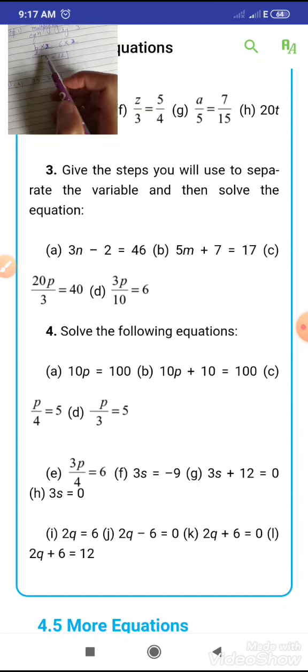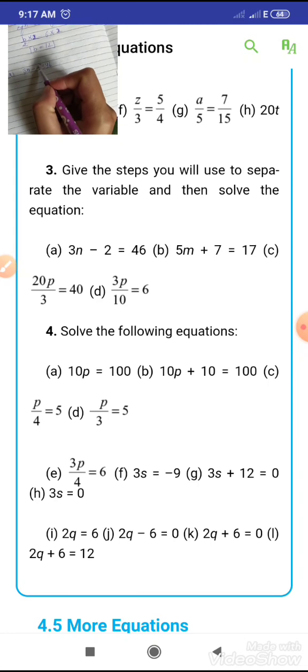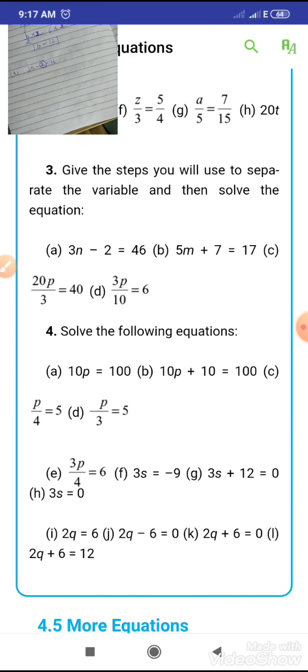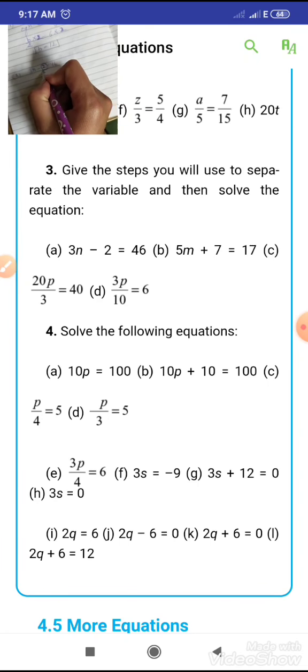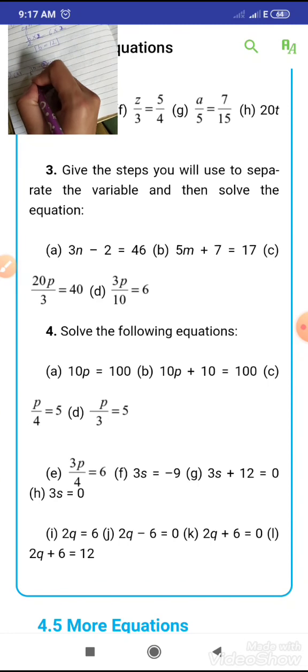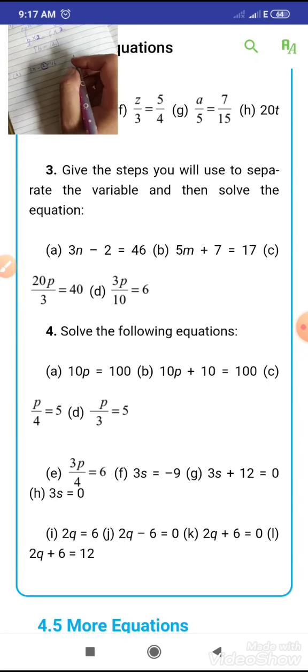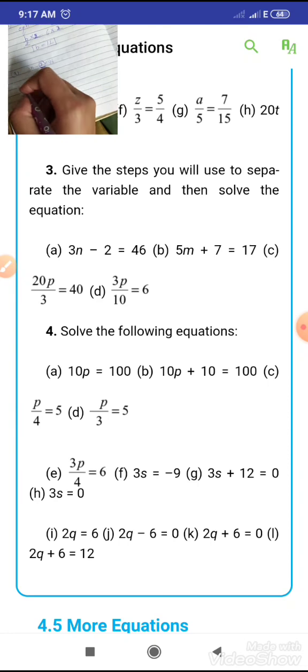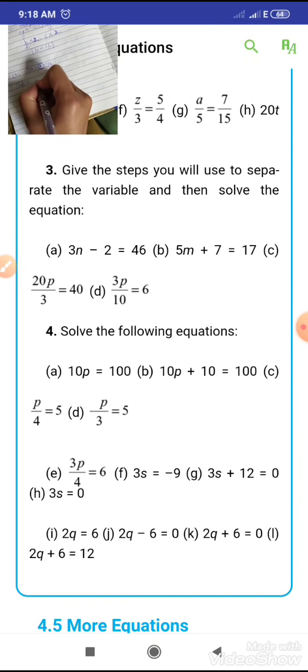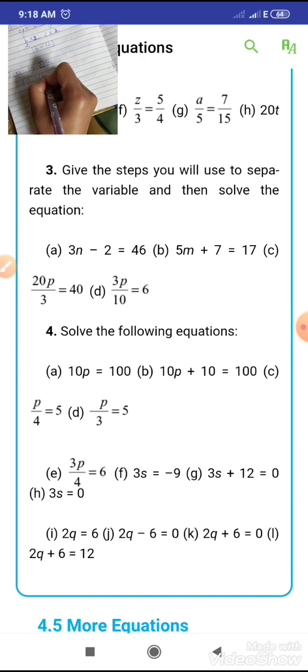You can clearly see here that 2 is a constant, it does not contain any variable. So first we are going to remove 2 from the left hand side. For this we add 2 to our equation. So first we write step 1, and step 1 is adding 2 on both sides of the equation.